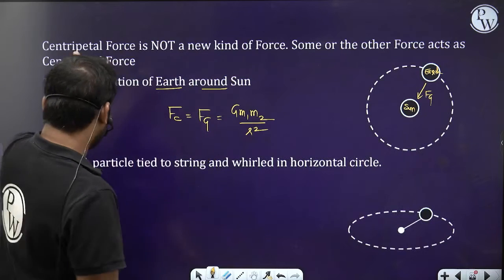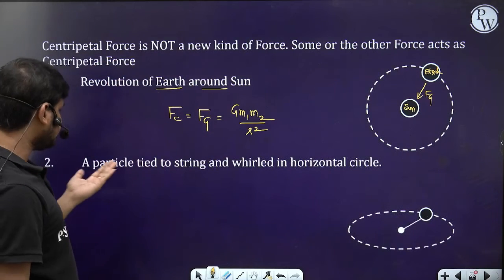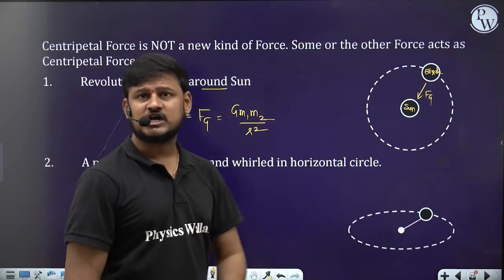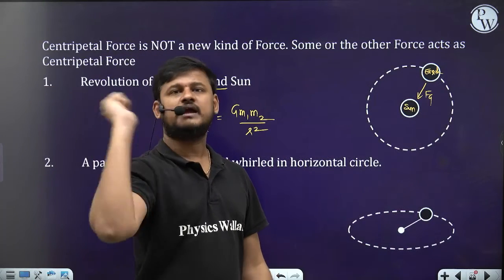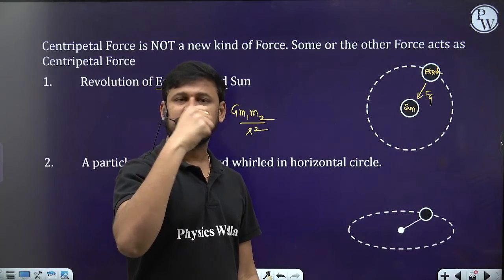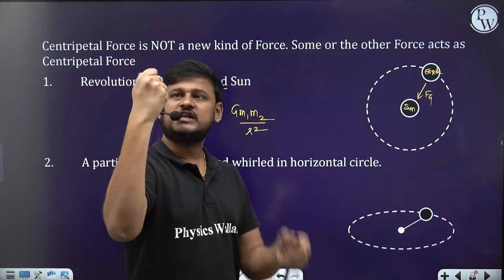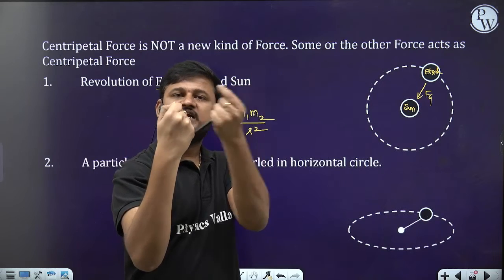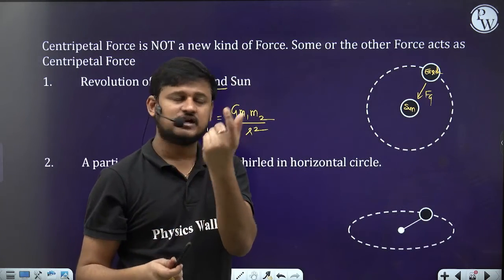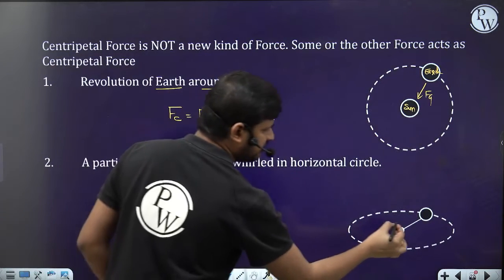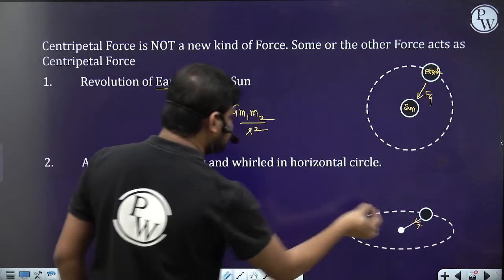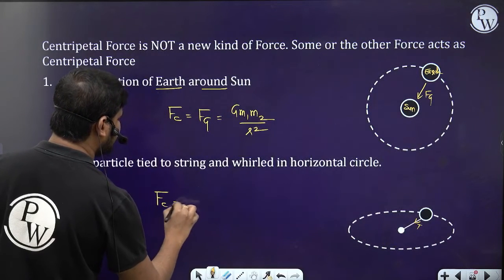Or else you can take another example. A particle is tied to a string and whirled in a horizontal circle. Let's suppose you whirl it in this way. Then in that string, the tension will act towards a fixed point, yes or no? The tension will act towards this point. So the tension is nothing but the centripetal force here.